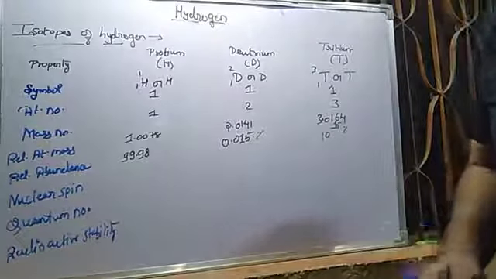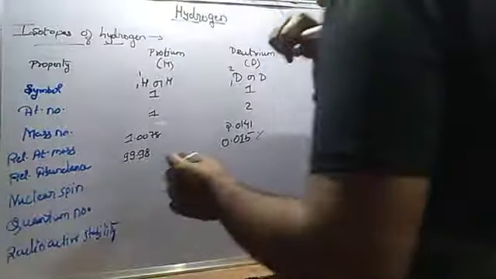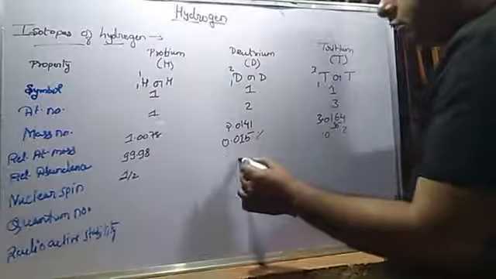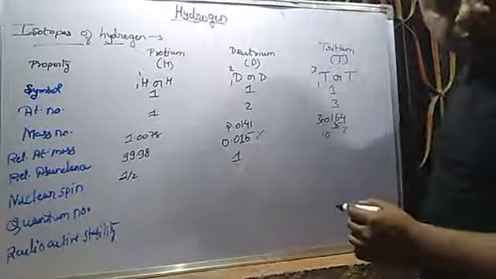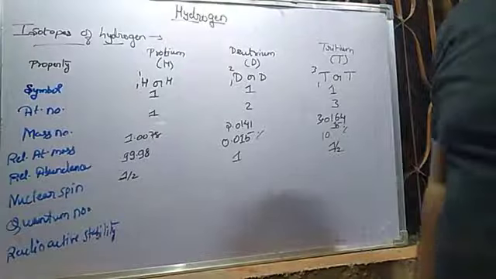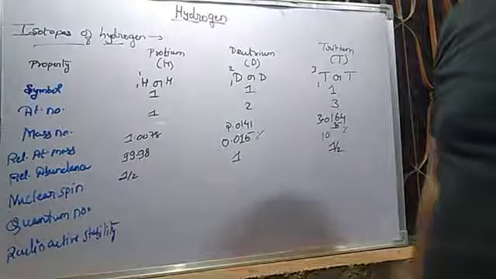Nuclear spin for protium is 1/2, for deuterium it is 1, and for tritium it is 1/2.